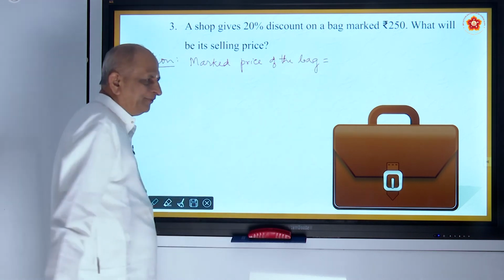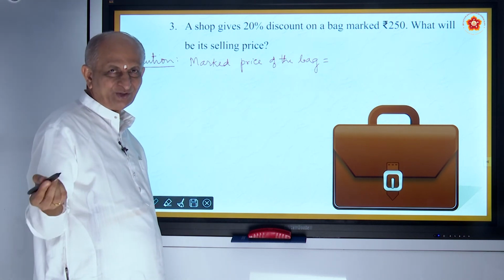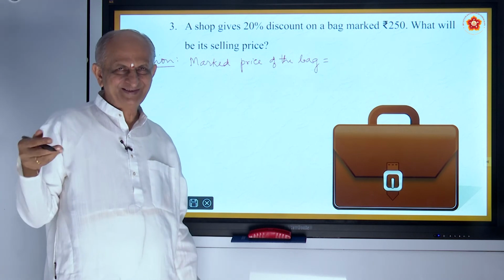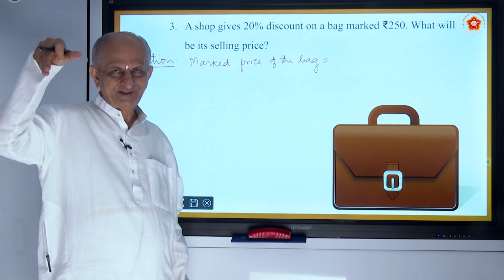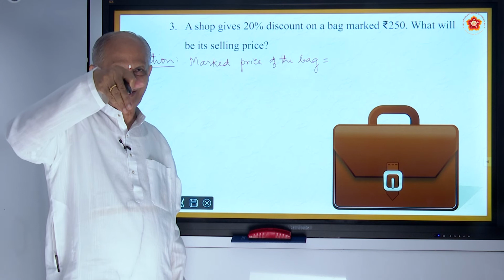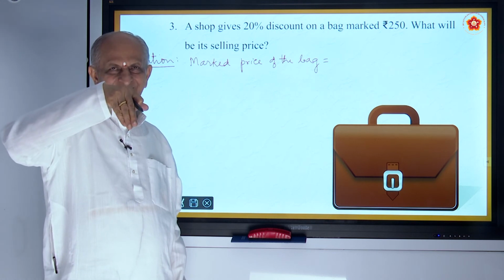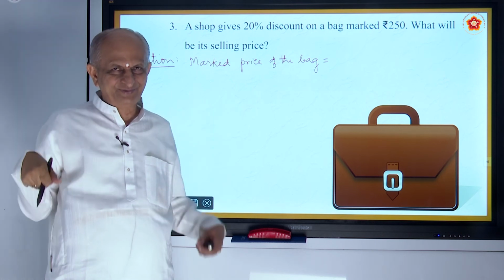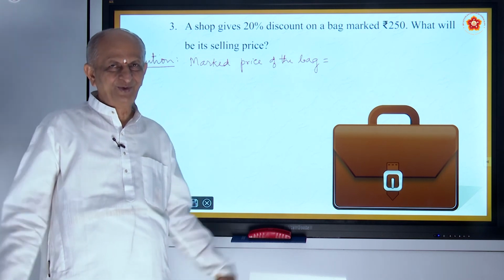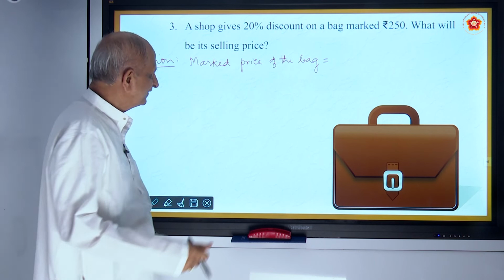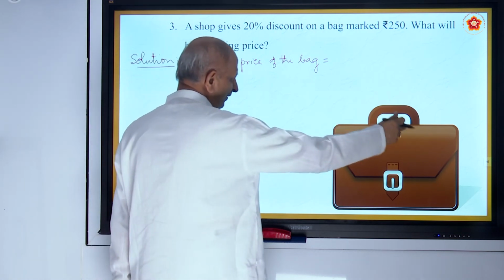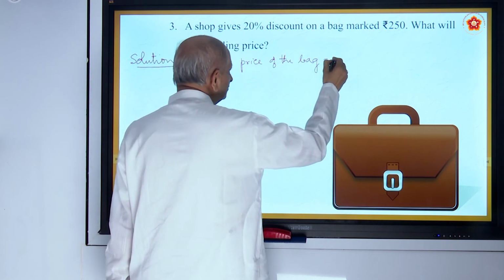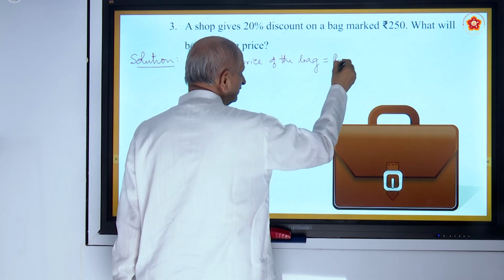Of course, all of you may have a bag that is called school bag. It will be very simple, correct? For keeping your books, geometry box, water can, is it not? Tiffin carrier and so on. You tie it on the back for going to school, no? Go very happily, joyously. So like that, but this is a laptop bag, or you can say cash bag or office bag. So market price is rupees 250.